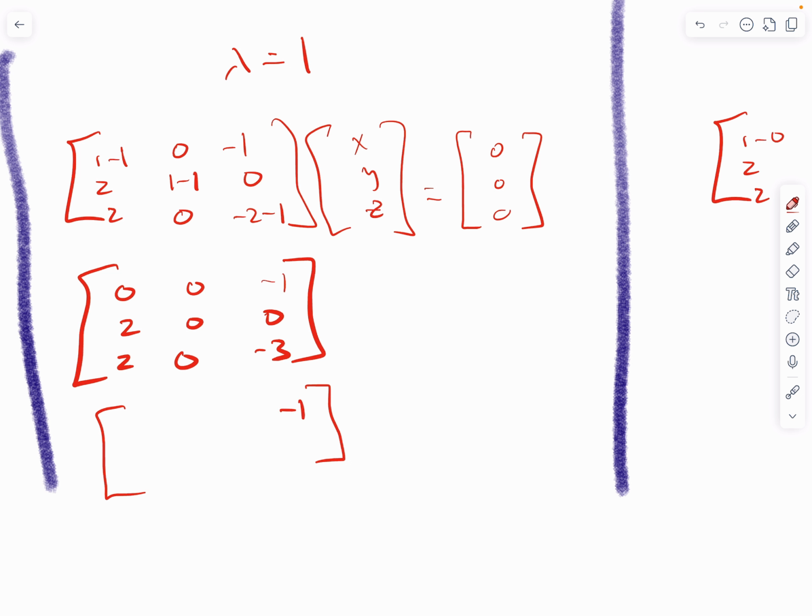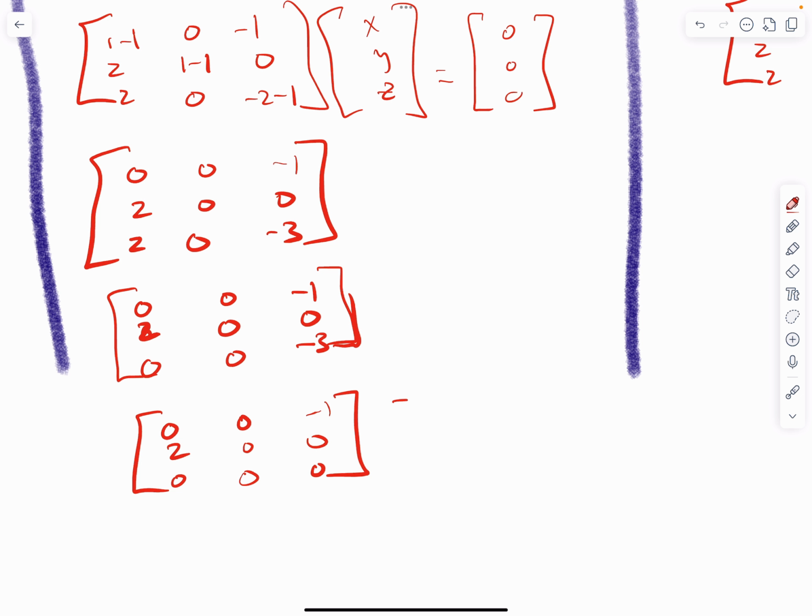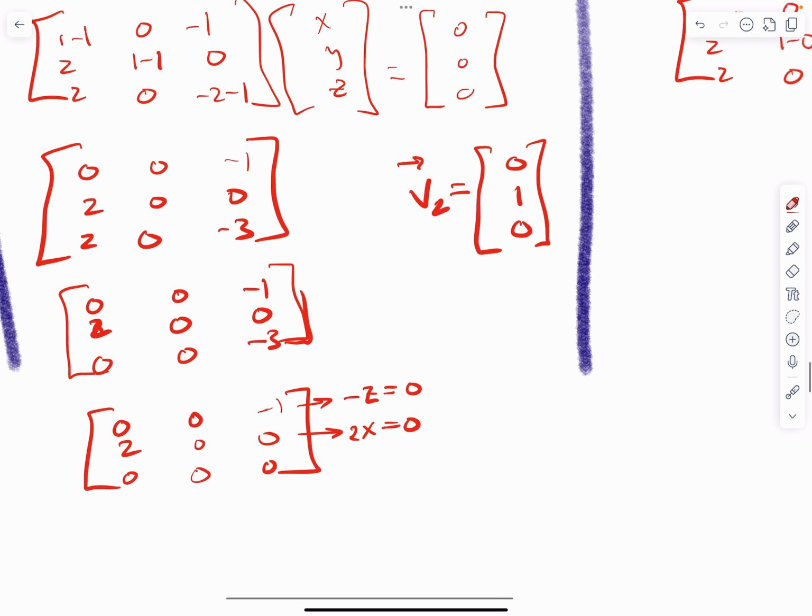So I have -1, 0, 0, 2, 0, 0, 0, 0, -3. And then add 3 of row 1 to row 3. So the long and the short of it is that negative z has to equal 0 from that row. This row says that 2x has to equal 0. So z and x have to equal 0, so v2, but y can be whatever we want it to be. So let's pick 1 for y and zeros for x and z.